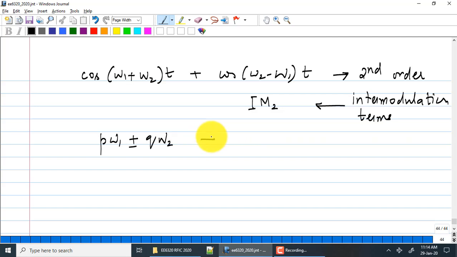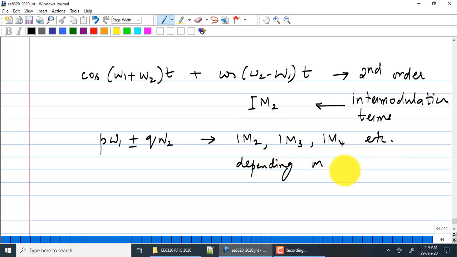So this can give you IM2, IM3, IM4, etc. depending on the value of P and Q. Okay, so they are also intermodulation terms. So any component that falls at a linear combination of omega 1 and omega 2 is called an intermodulation term. Okay, the order of the intermodulation depends on P and Q. It is basically P plus Q. Make sense?